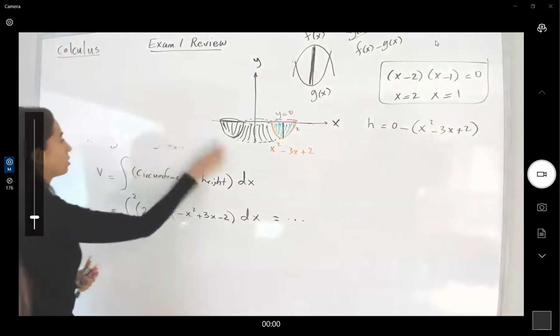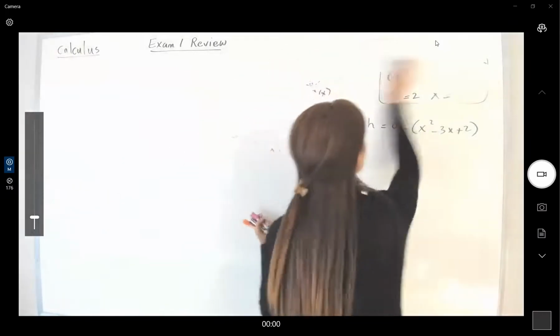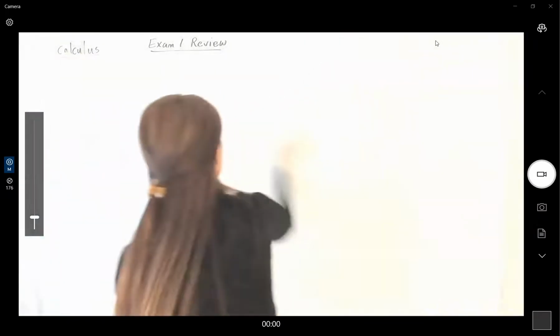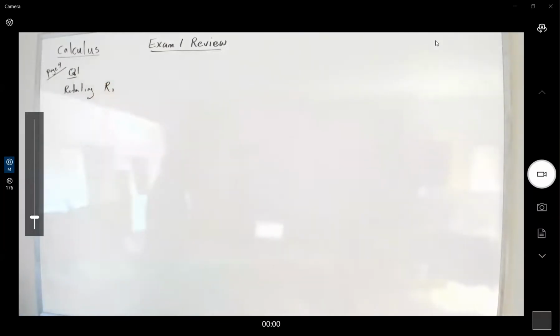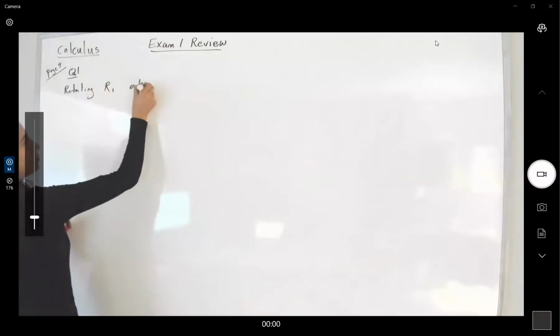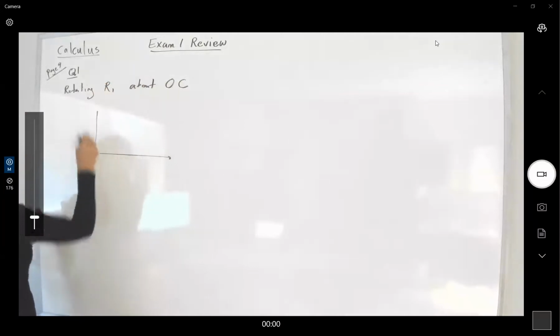Page 4, question 1. So here you are rotating R1 about OC. Let's take a look at R1.